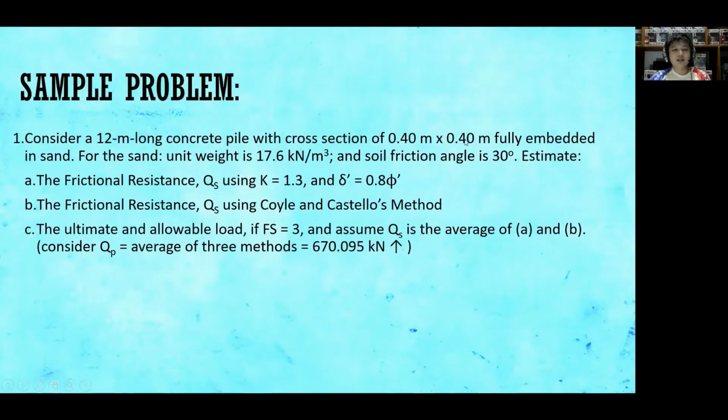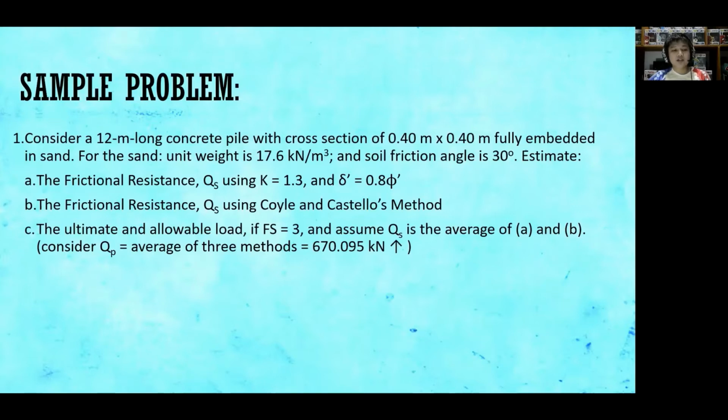For sand, unit weight is 17.6 kilonewtons per cubic meter and soil friction angle is 30 degrees. Estimate for letter A, the frictional resistance Q sub S using K equal to 1.3 and delta prime as 0.8 of phi prime.